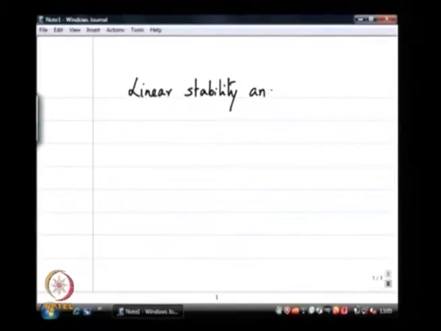So, we want to see the process and the forces involved that cause this bulk liquid to break down into drops. This we are going to investigate using a theory called linear stability analysis.